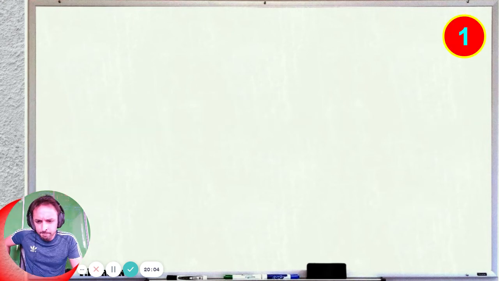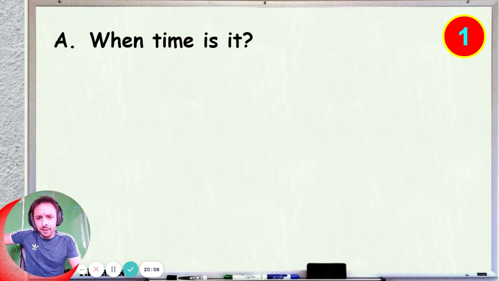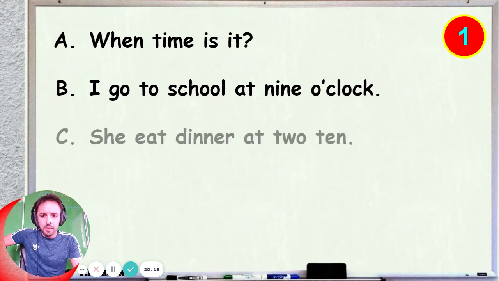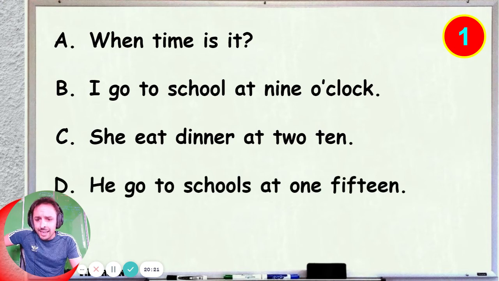Okay, let's do number 1. Is it A? When time is it? Is it B? I go to school at 9 o'clock. Is it C? She eat dinner at 2:10? Or is it D? He go to schools at 1:15?